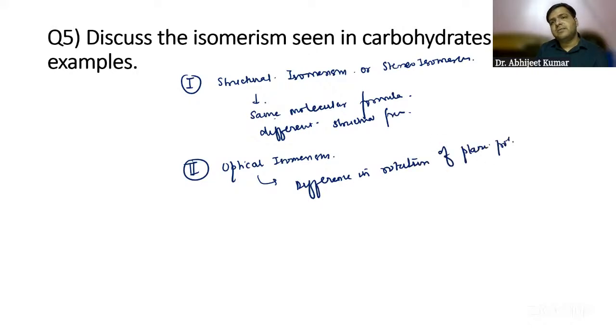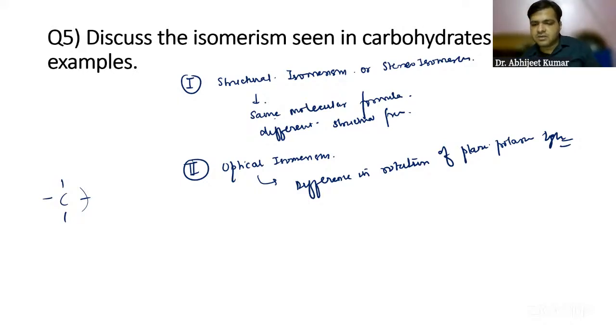When we say asymmetric carbon atom, we are talking about the carbon atom that is occupied by four different valencies, and all four are different. That is called the asymmetric carbon atom.